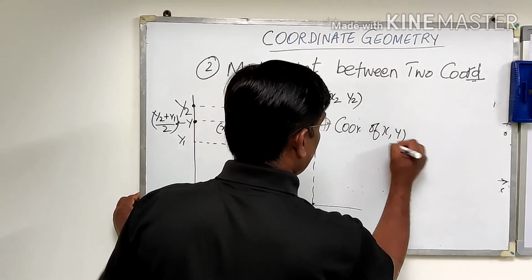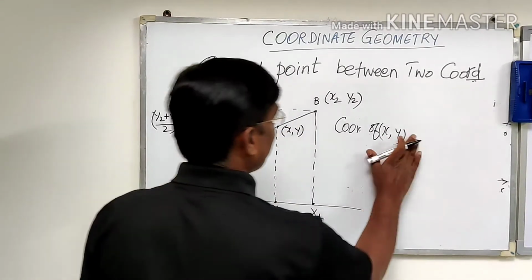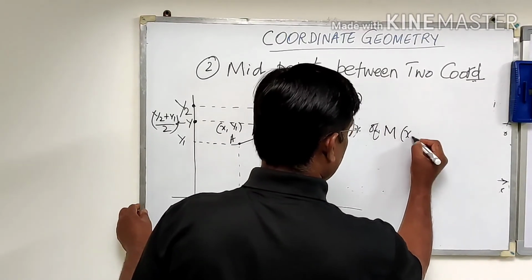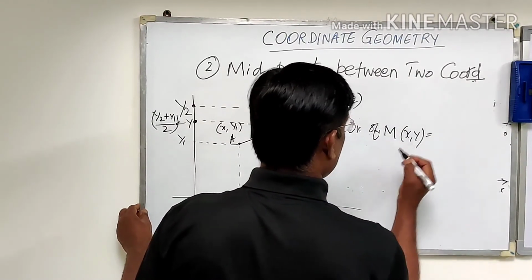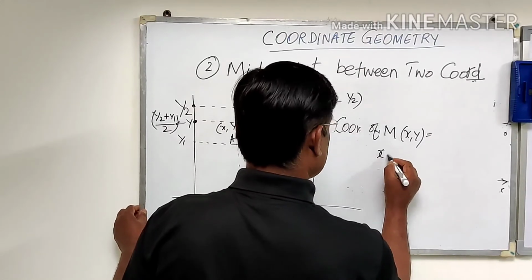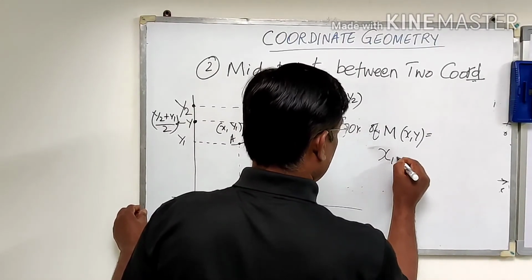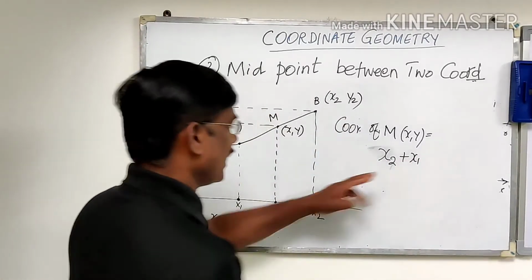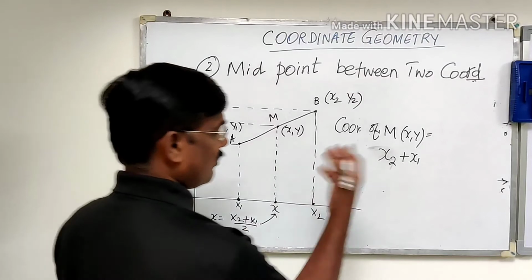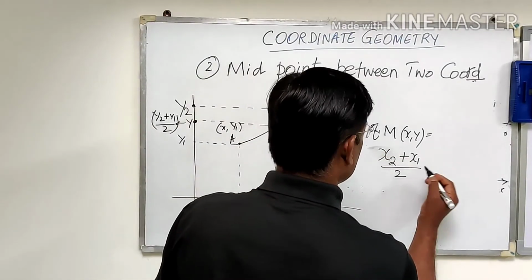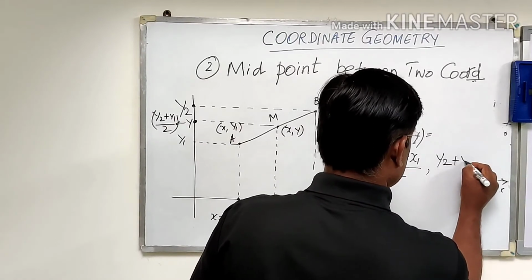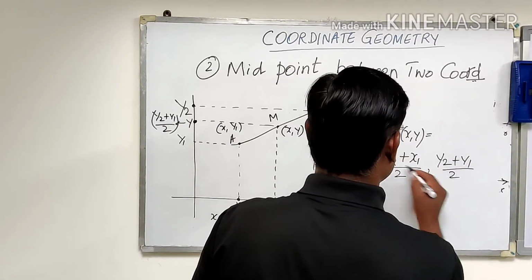We will write the coordinate of M, that is x comma y, is equal to x2 plus x1 (you can write x1 plus x2 or whatever) divided by 2, comma y2 plus y1 divided by 2.